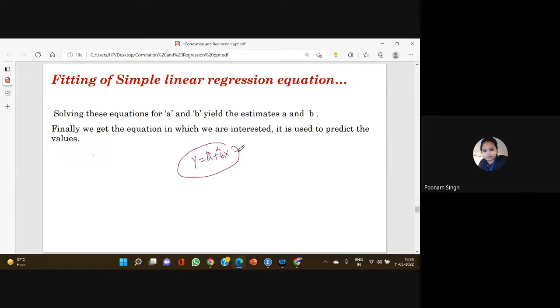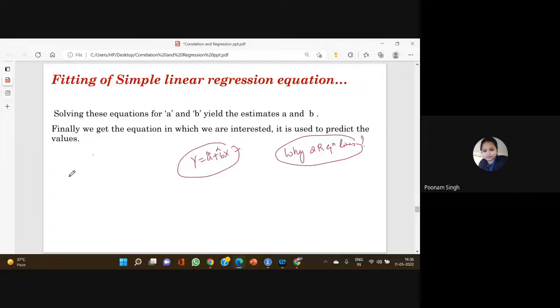Okay, the thing that I want to tell you is that sometimes there are two regression lines. Why two regression lines? As I told you at the start of the presentation, there may be a possibility that the two variables x and y are interchangeable. It is related to causal effect.